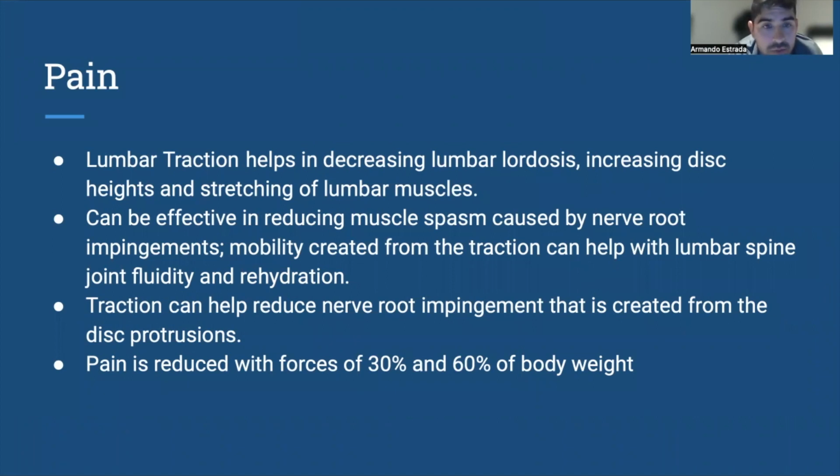It can also help with lumbar spine joint fluidity and rehydration, by opening up the joint, allowing the synovial fluids to disperse more throughout the joint. The traction can also help reduce nerve root impingement that is created by the disc protrusions that occur. Little fun fact, pain is reduced with forces of 30% to 60% of the body weight.